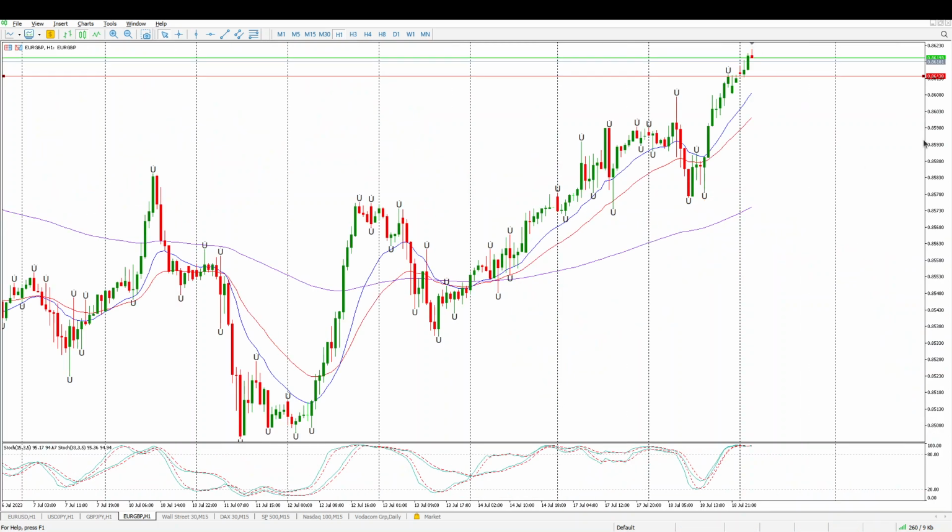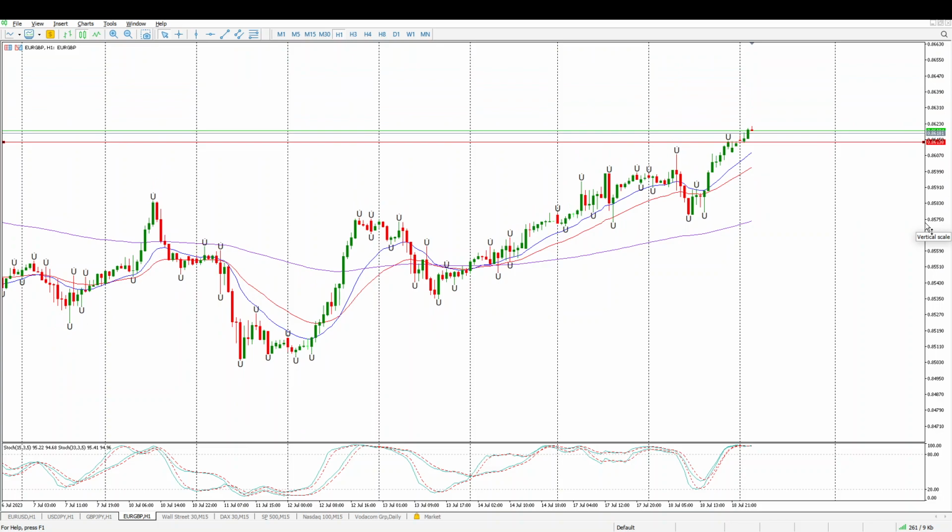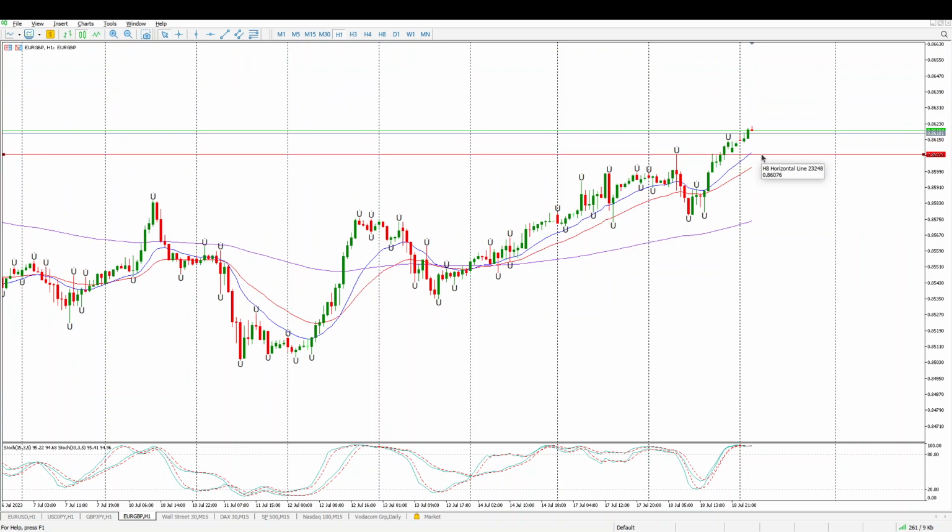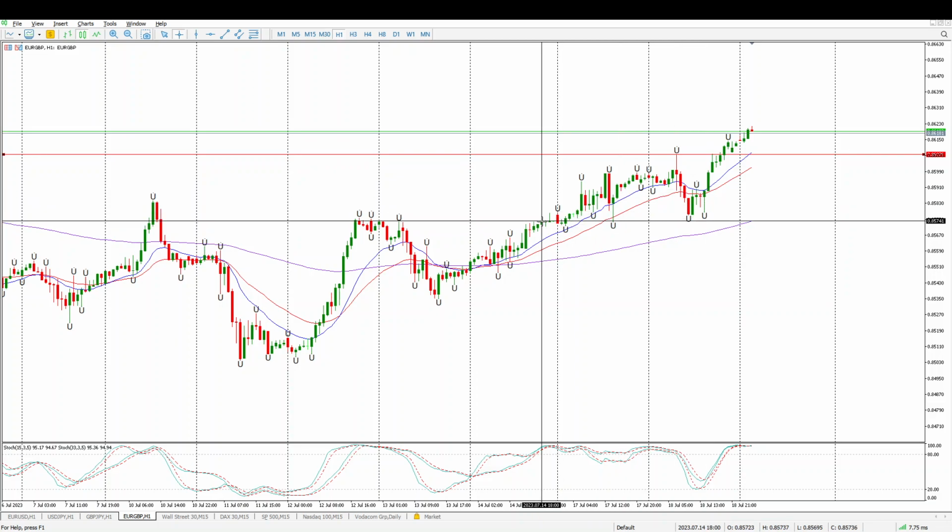From the hour perspective, this is probably the only one that is worth looking at. If we do get a pullback, I would expect a pullback onto 086076. Pay attention to this on the 15-minute, and I'm looking for structure here for a move to the upside. This is what would have been my buying level.